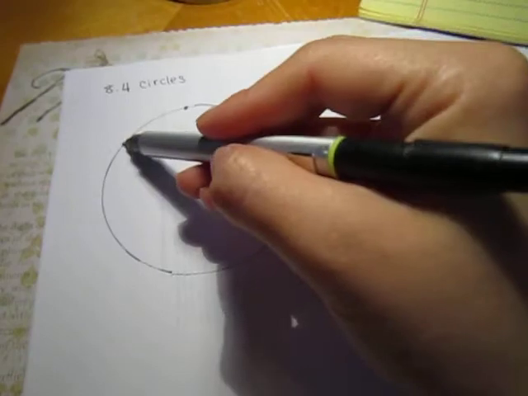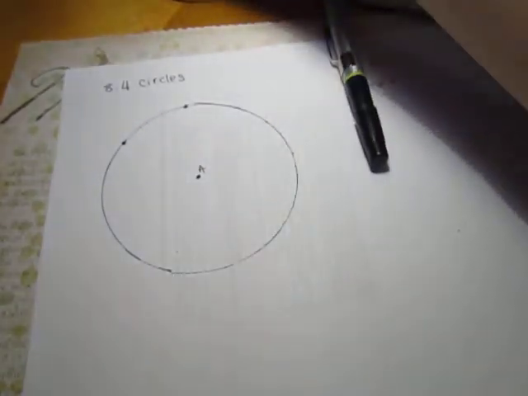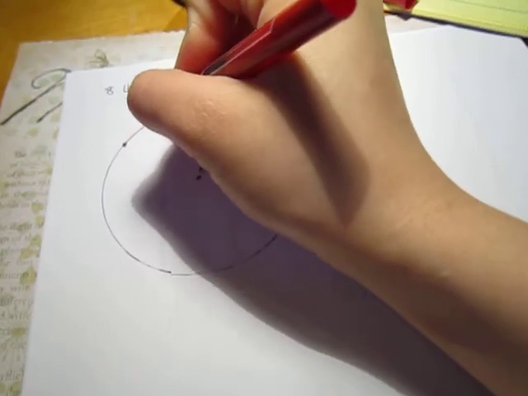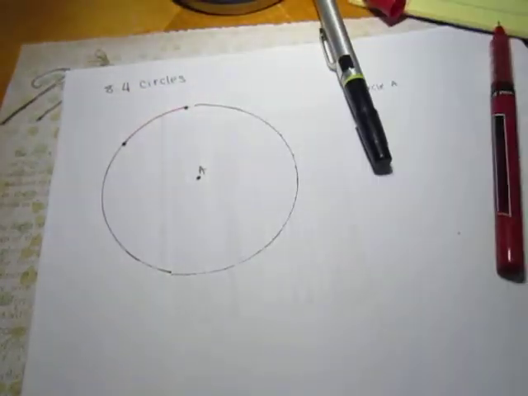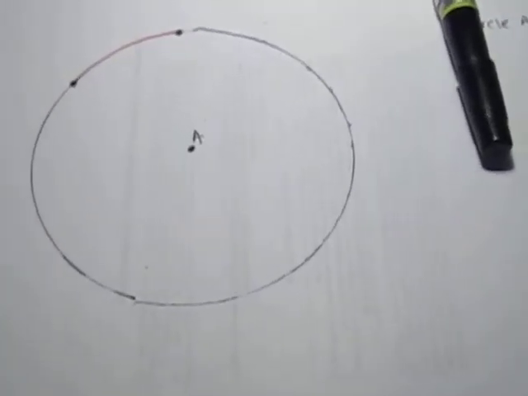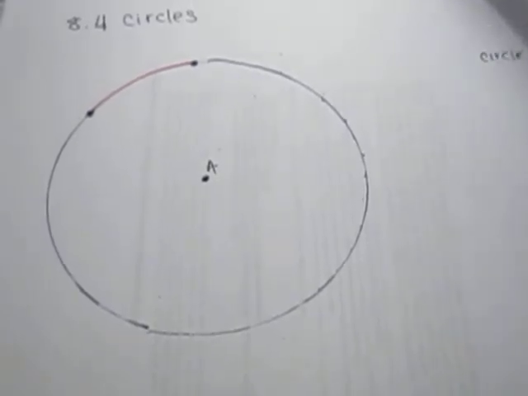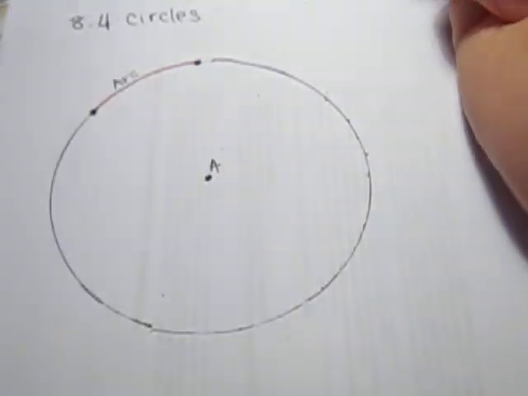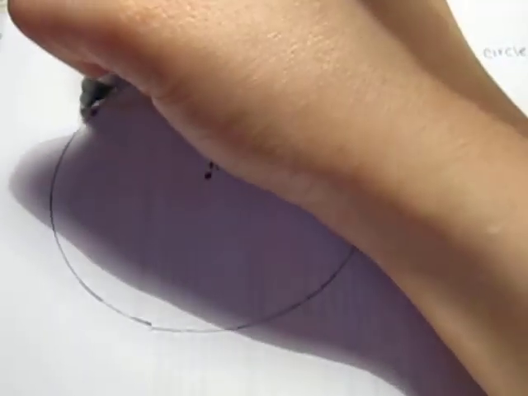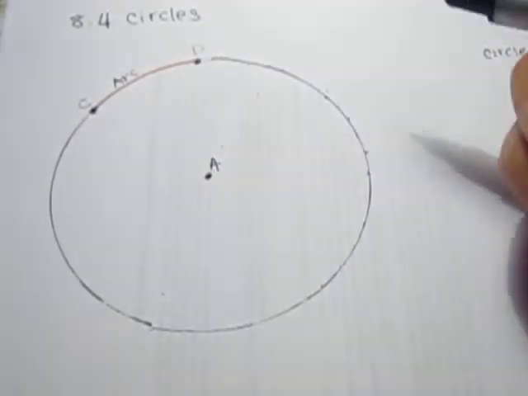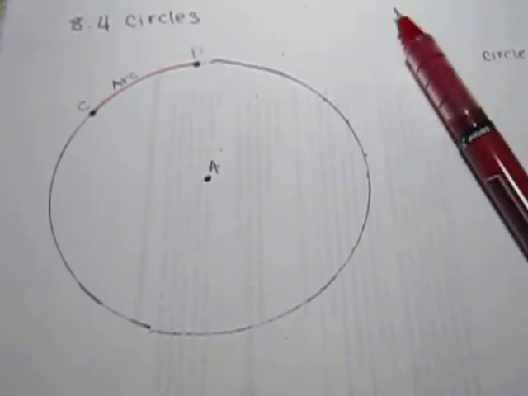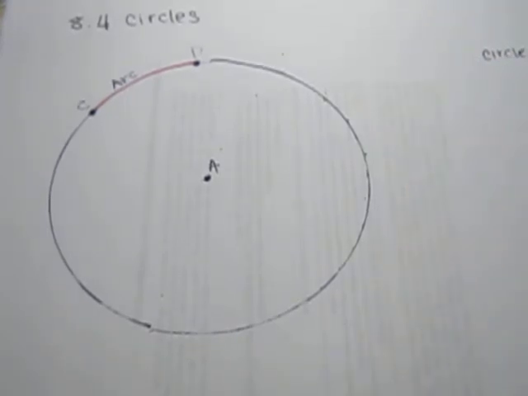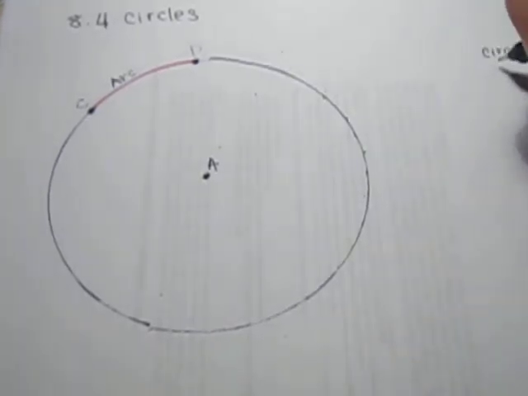So this right here, from here to here, which I'll go ahead and show with mine, we call that an arc. And you can identify an arc by, again, just using two letters. And I can call that arc CD.